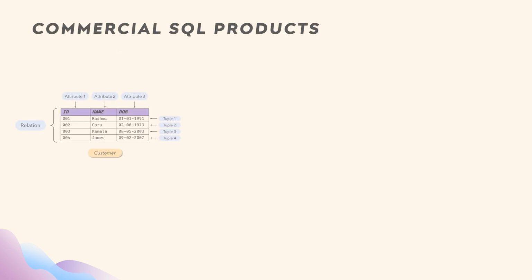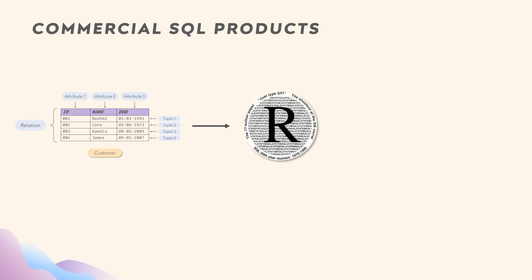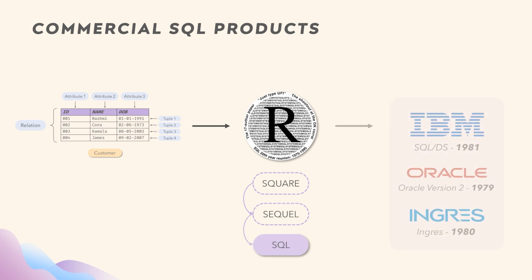Codd's concepts were used by another team at the IBM Research Laboratory to create a prototype relational database called System R, and a programming language for interacting with it called Square, later renamed to SQL, which eventually became the 3 letters SQL. From this prototype, a number of commercial products arose, and because the papers coming out of IBM were widely circulated, other companies like Oracle created very similar systems, complete with their own versions of SQL.